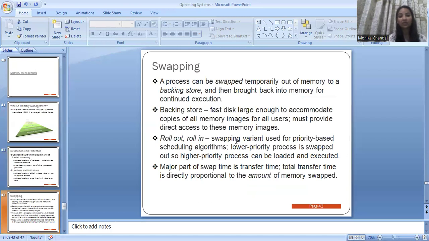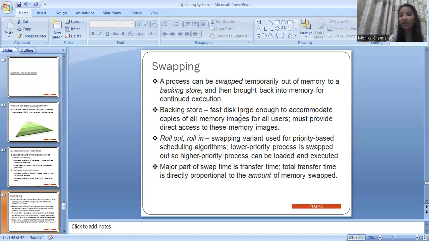So next one is swapping. As I told you before, swapping is a process that can be swapped temporarily out of the memory to a backing store and then loaded back into the memory for continued execution. It means whenever a process is in a wait, the memory can be given to the next job.